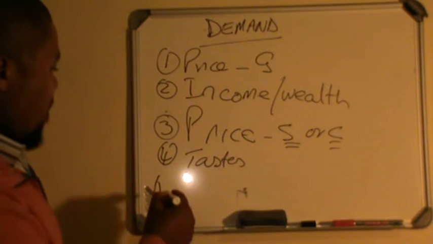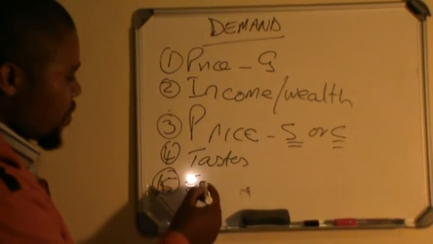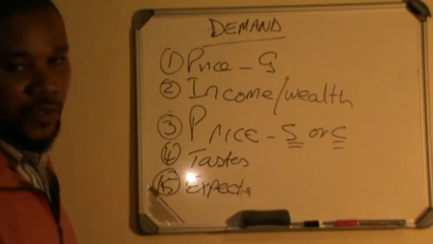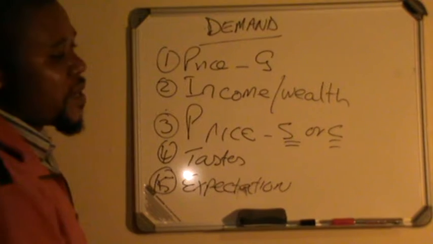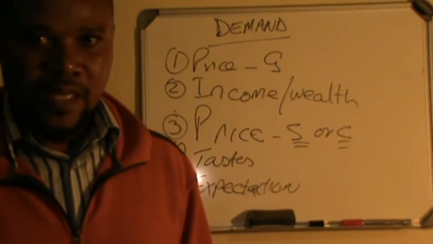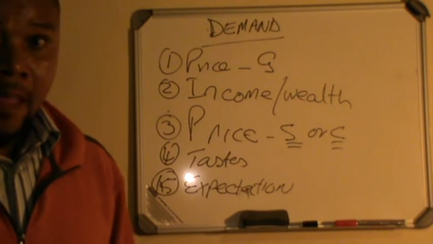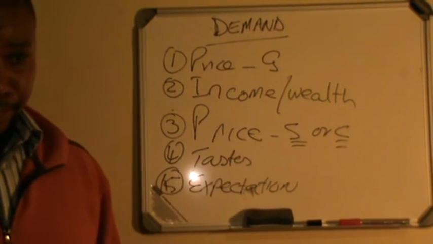And we also have expectations, right? Expectations for the future. What do we expect is going to happen in the future? If we expect that the price of the good that we're concerned with is going to go high, chances are the demand for that good is going to go high as well.